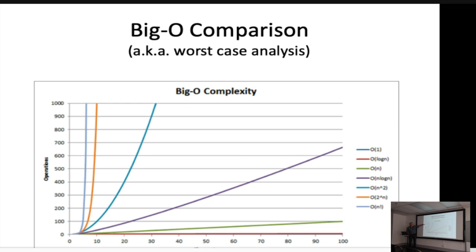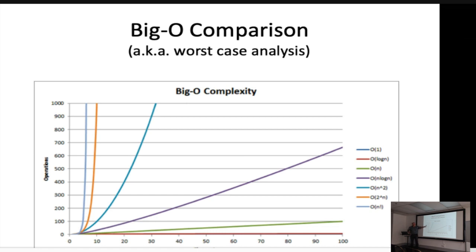The higher up you are, the slower you are because you're doing more calculations. Does that make sense? So obviously if we have a piece of software that only does 10 calculations versus a piece of software that does 1,000,000 calculations, the one that does 10 will be done far faster. Okay?